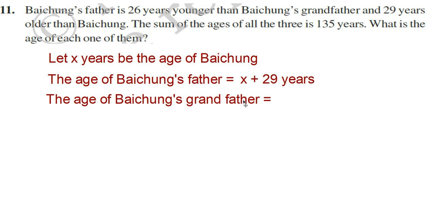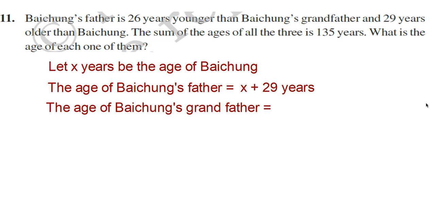That means grandfather is 26 years more than Baichung's father. So we can write it as x plus 29 plus 26, is equal to x plus 55 years.